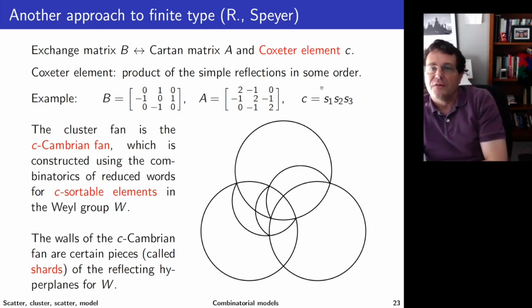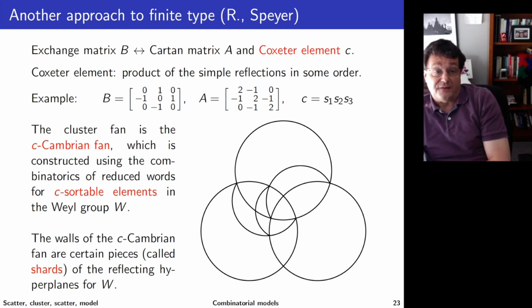I'm thinking of the simple reflections in my Coxeter group. I've got a root system, I've got a Coxeter group, and this sign information is telling me in what order I should multiply the simple reflections. So we think of this B as giving us a root system, and therefore a Coxeter group, and also a Coxeter element in that root system.